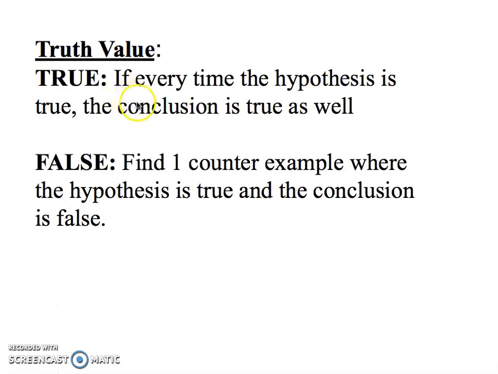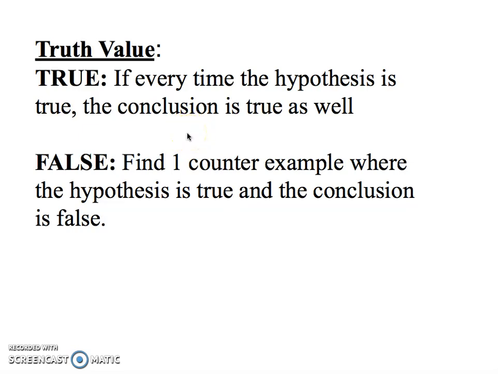The other thing with a conditional, converse, and inverse is figuring out the truth value. Each sentence that you write can either be a true sentence or a false sentence. In order for a sentence to be true, every time the hypothesis is true, the conclusion must be true as well.